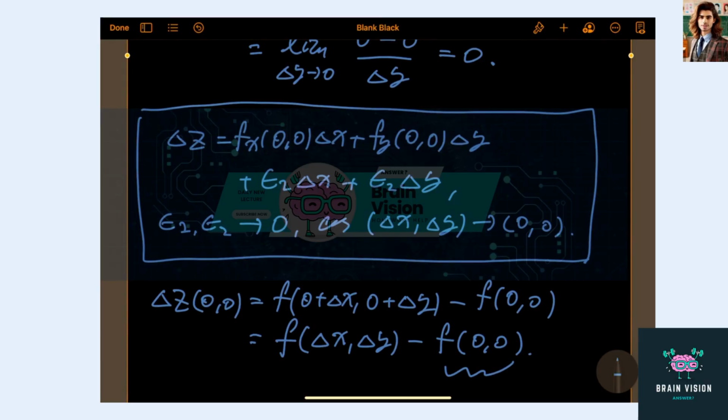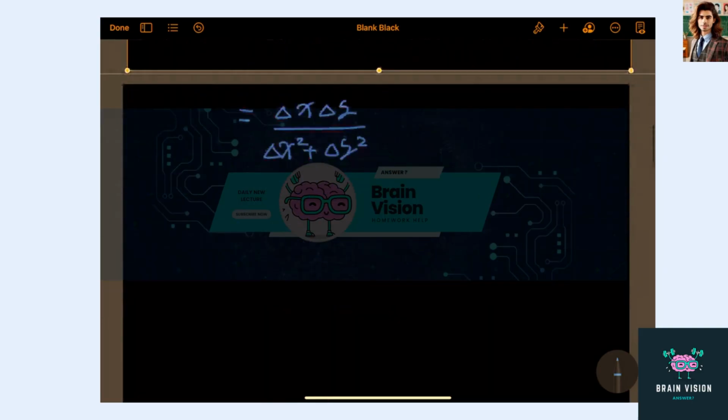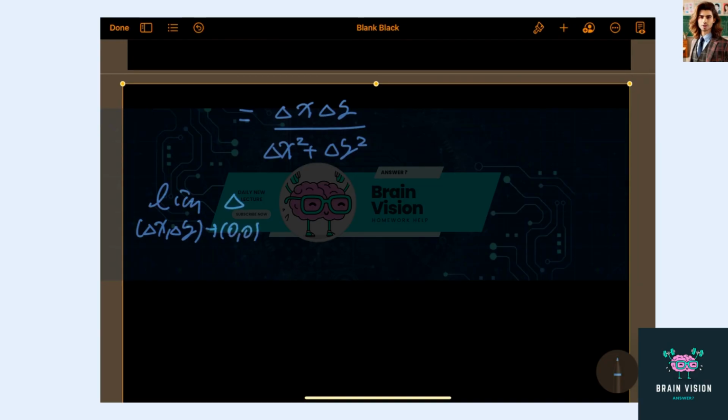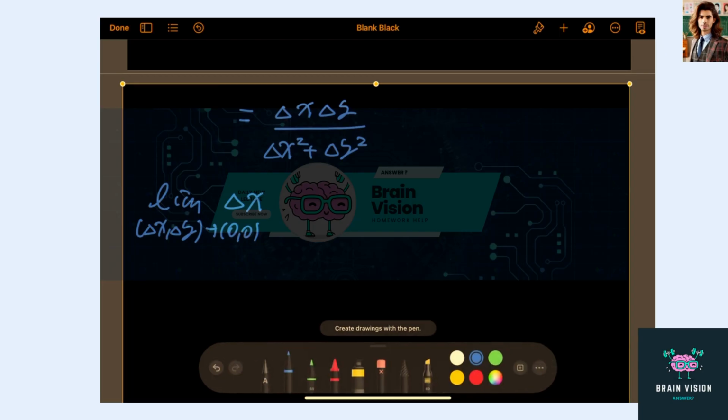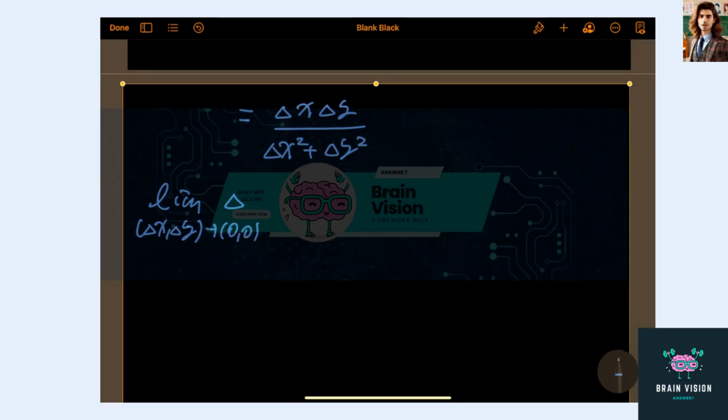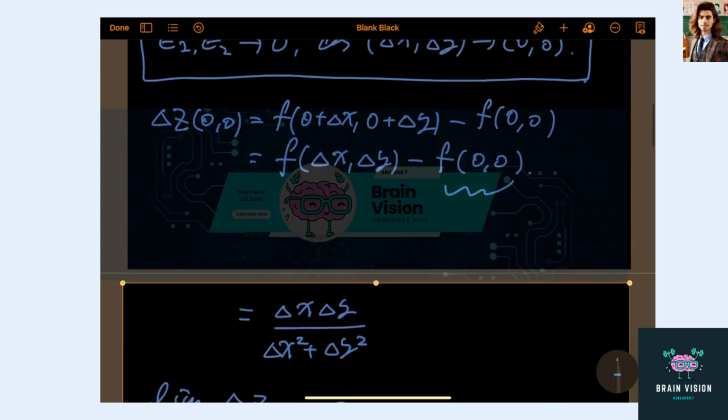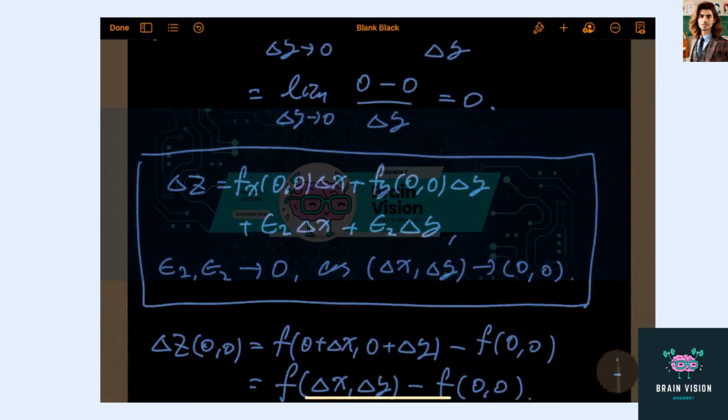We also need the limit of delta z, as (delta x, delta y) approaches (0, 0), to approach 0, because when you look at the expression, we have a constant times delta x that approaches 0, and a constant times delta y that approaches 0.